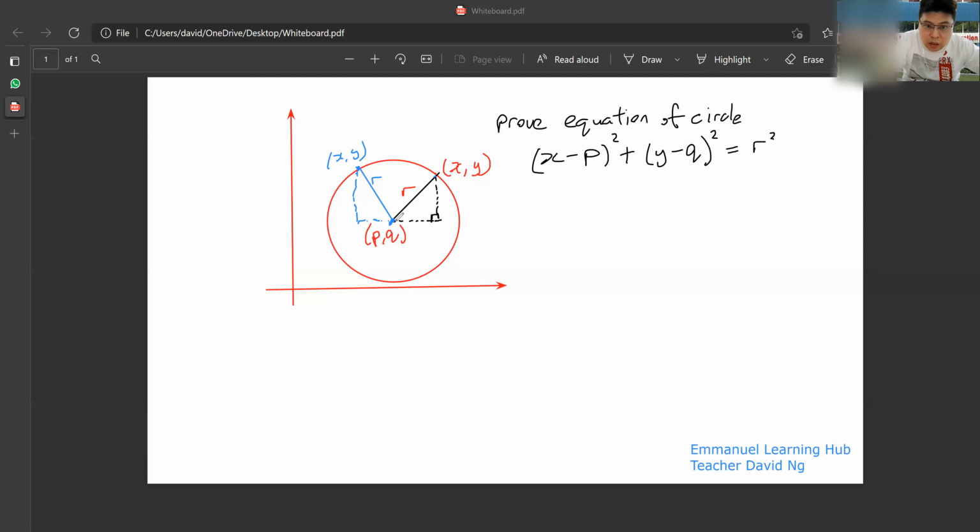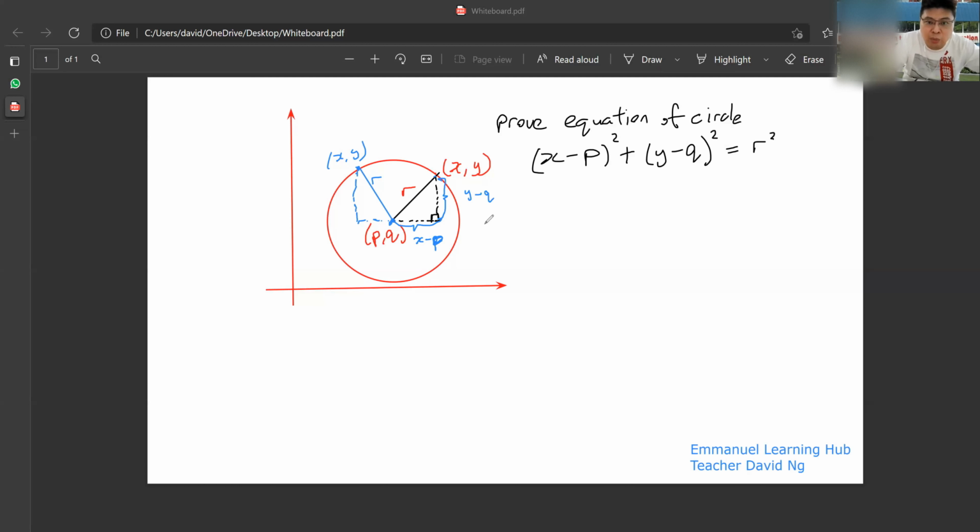So this length here is x minus p, sorry. And this length here will be y minus q.